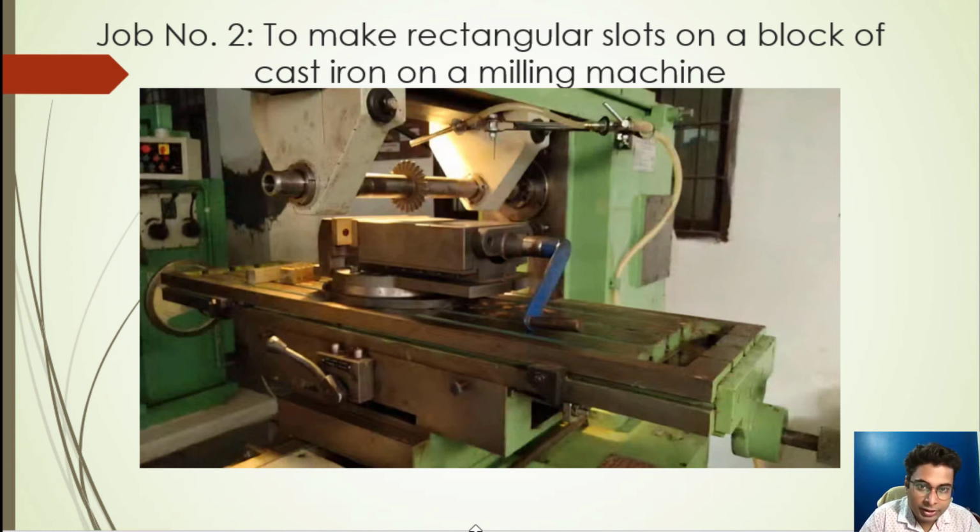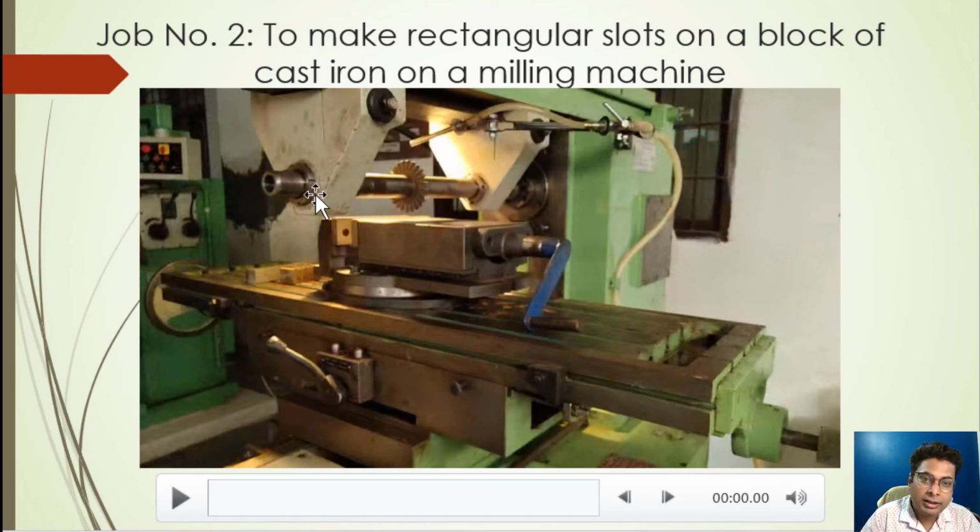See, before starting this, in this milling machine, the arbor can be identified, and on that arbor, this is the milling cutter. Now, what is the difference between a single point turning tool which is used on a lathe, and a milling cutter? A lathe tool or single point turning tool has a single cutting edge, just like a sharpener blade.